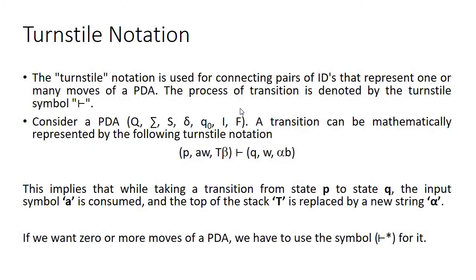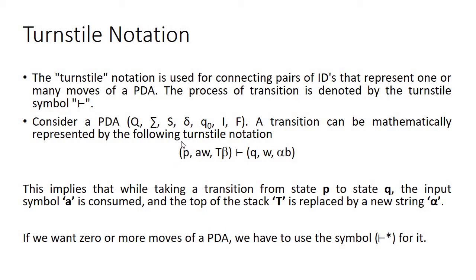If we are connecting the pairs of IDs, we need to connect these pairs with the help of the turnstile notation, and it shows the movements of the automaton. So the process of transition is denoted by the turnstile symbol, that is this horizontal T. Just assume that we have a PDA with these 7 tuples, our transition can be mathematically represented by the following notation.